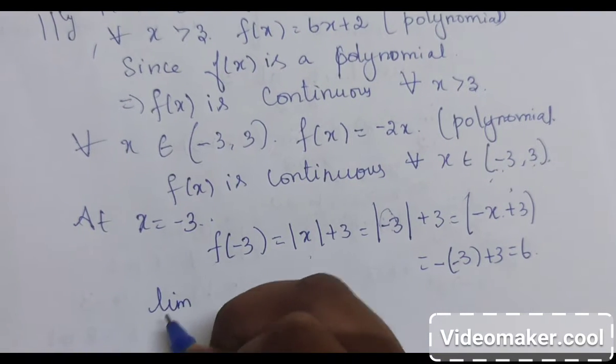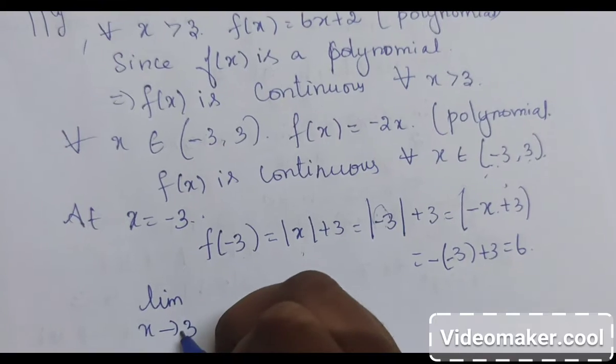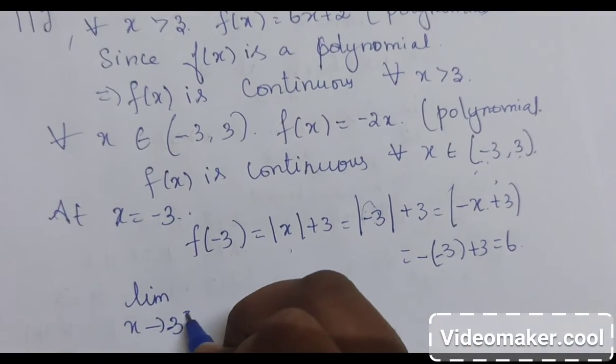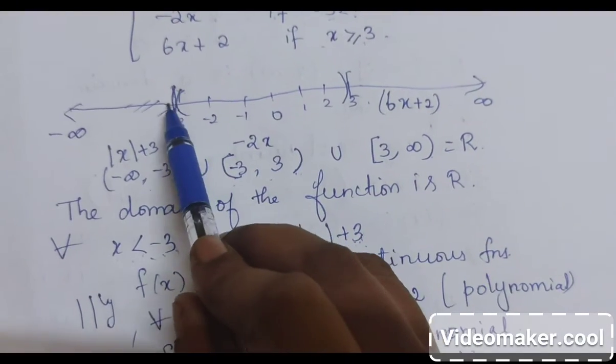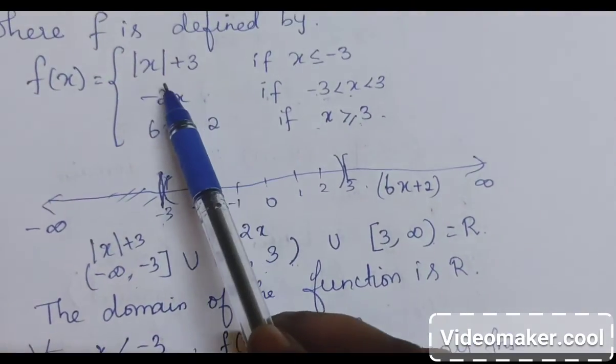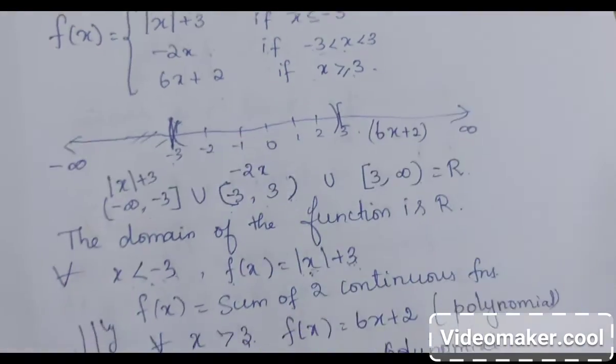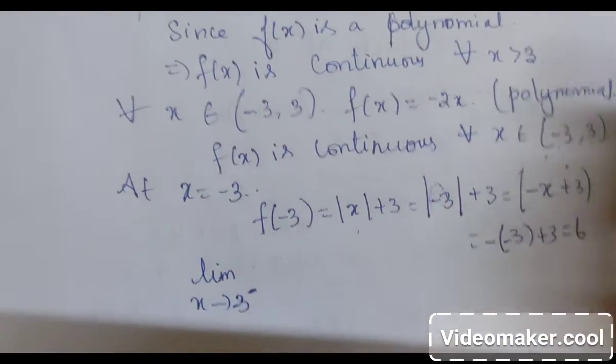So limit x tends to -3 from the left hand neighborhood. Left hand neighborhood means this part. So what about the function there? Mod x plus 3 will be the function.